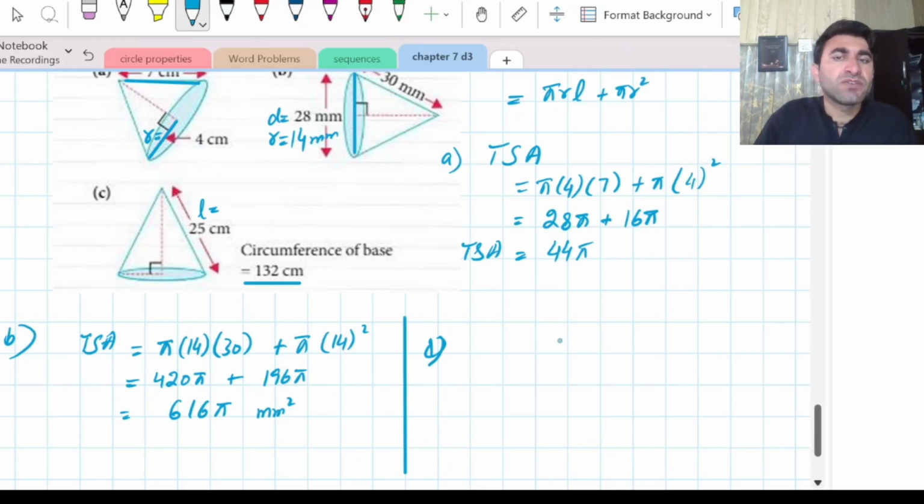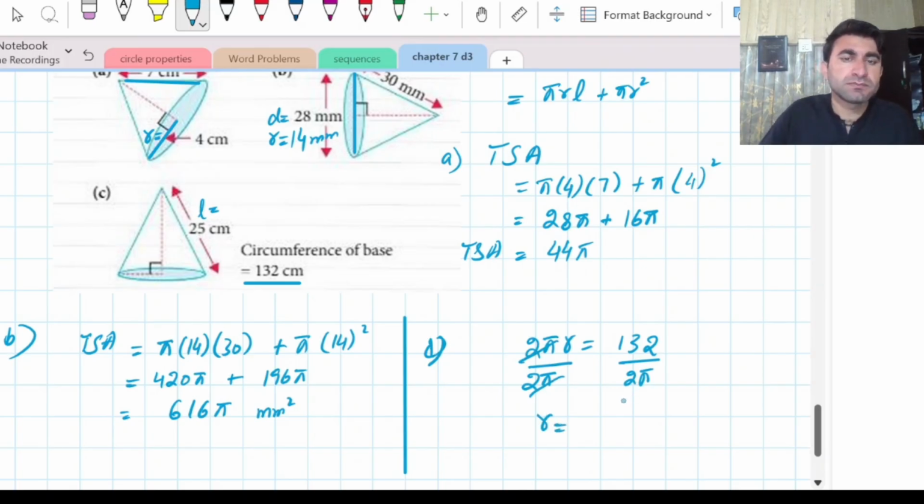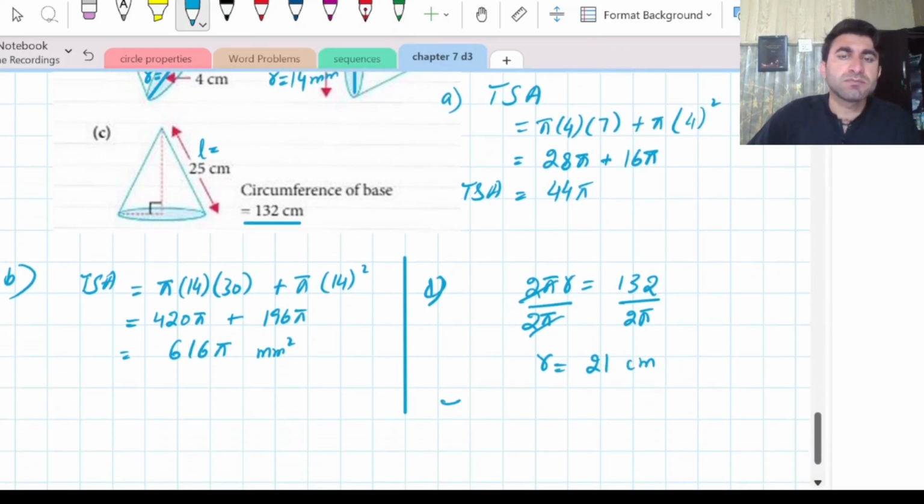So first we will find the radius, because circumference is 2 pi r, and if 2 pi r equals 132, dividing 2 pi on both sides, r equals 132 divided by 2 pi, which becomes 21 centimeters.